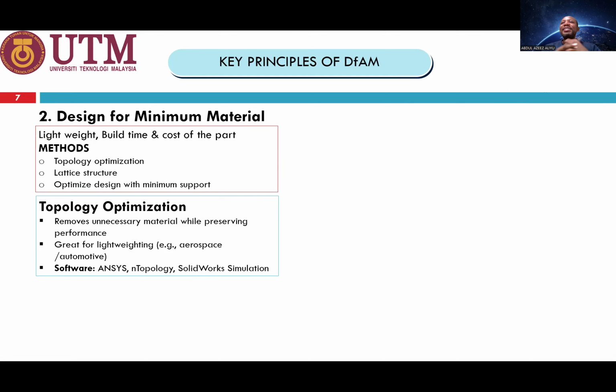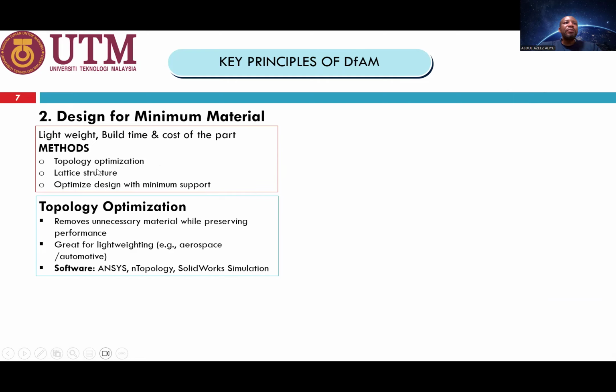Saving material is directly proportional to the cost of the final product. Aside from that, you can also produce a component that is light in weight. And this is very important in various manufacturing industries, especially aerospace and automobile.